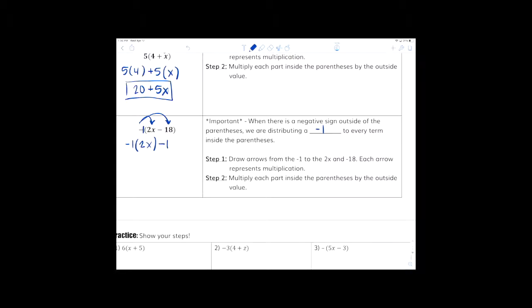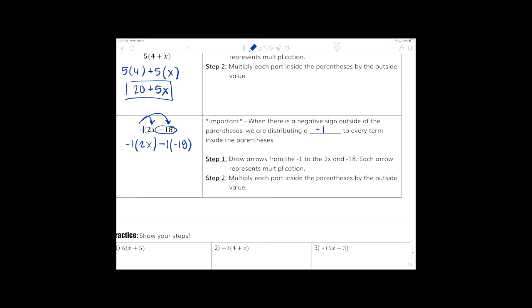So what other number am I distributing -1 to? -18, good. You have to remember to include this negative in there. That's part of that number. If you were to put a +18, that would change the outcome.